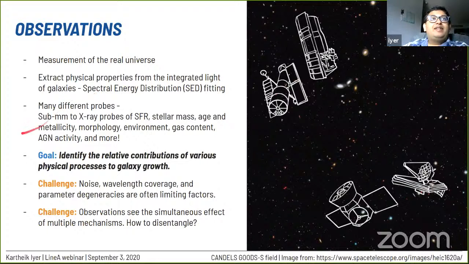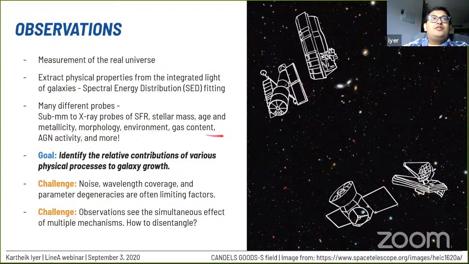There are many different probes acting across a wide range of wavelengths that allow us to talk about the star formation rates, stellar masses, ages, metallicities, how the galaxies look, what kind of locality they live in, how much gas they have, what's happening in their centers, and so on. And there are many different techniques to go from what we see for these galaxies to these individual measures of their state.